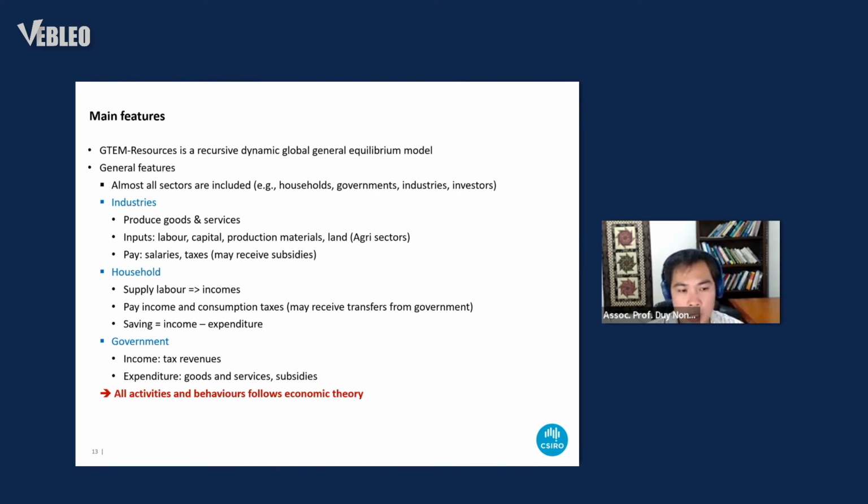And in the model, all these activities and behaviors follow economic theories. Thus, we assume that, for example, industry tries to minimize their production costs, and consumer households try to maximize their utility, that is the satisfaction. They try to maximize the satisfaction.